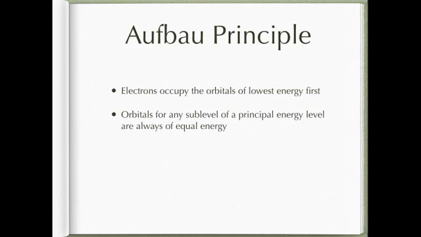Well, they're all equal in energy. All of those p ones were all equal in energy. And if we're talking about a principal energy level, the S sublevels are always the lowest. Then the P's, then the D's, then the F's, and so on.